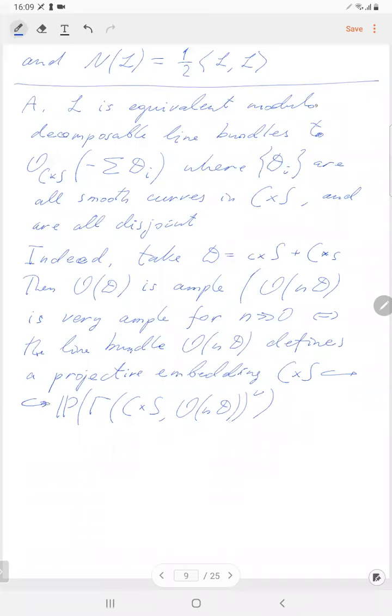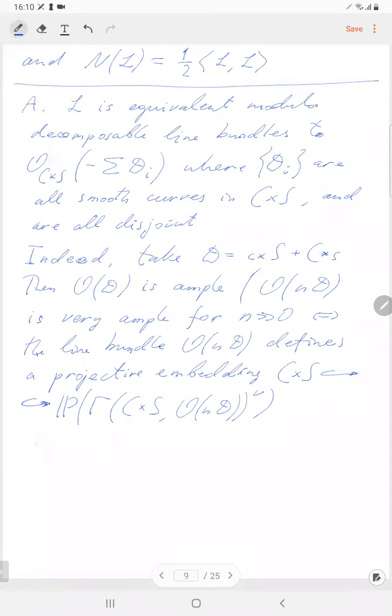Okay, so we discussed some Kodaira criterion for when this happens, and in particular for a curve, it takes some very explicit form. Namely, it suffices that the degree of your divisor is big enough, bigger than twice the genus of your curve. Well, and here we are.